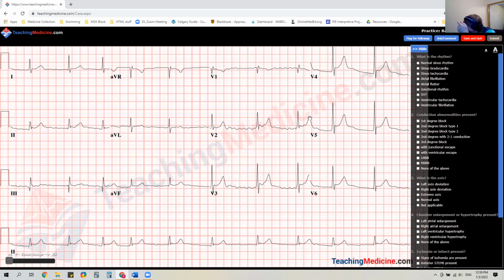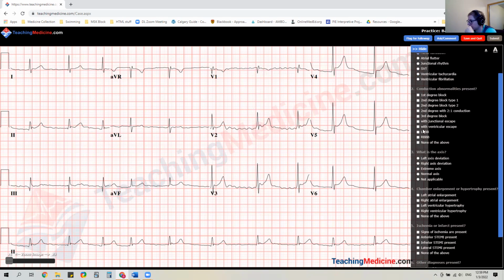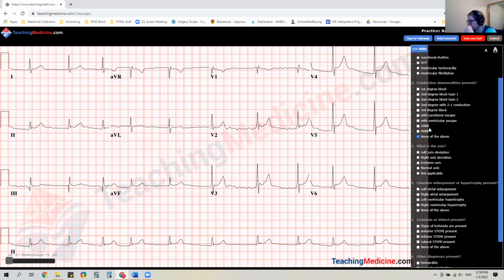So this looks like pericarditis. Do my interpretation. Rate, atrial fibrillation. There's no blocks.